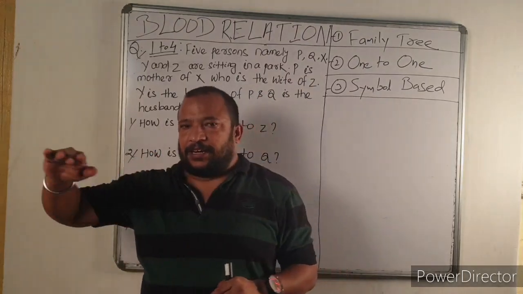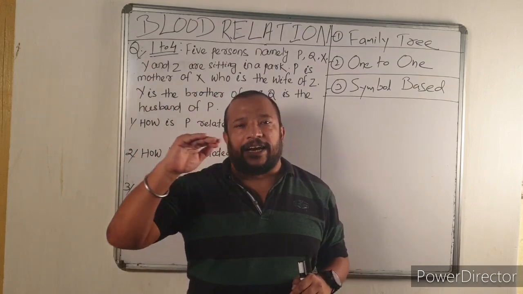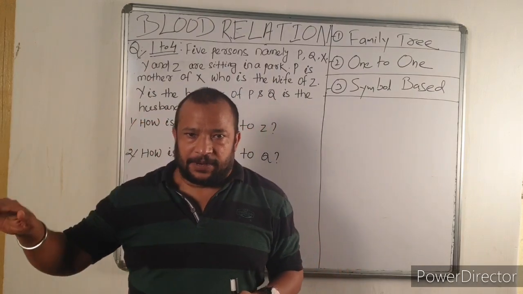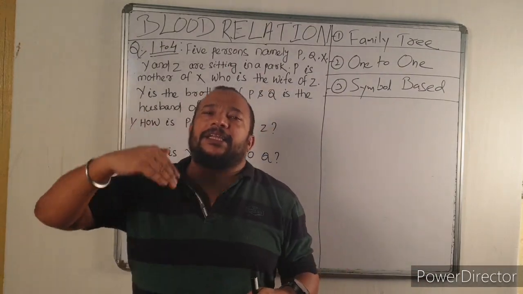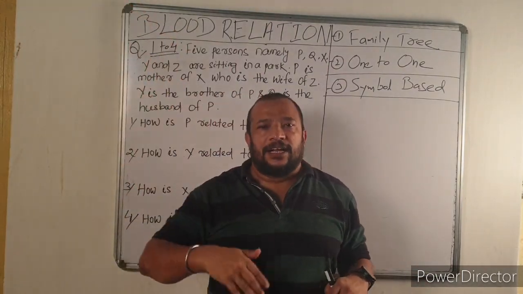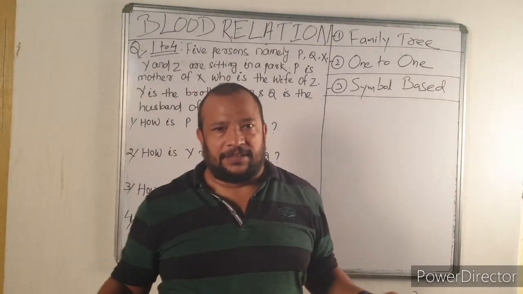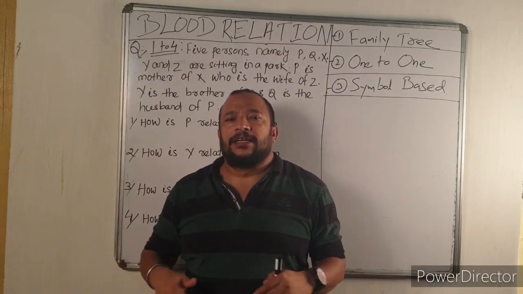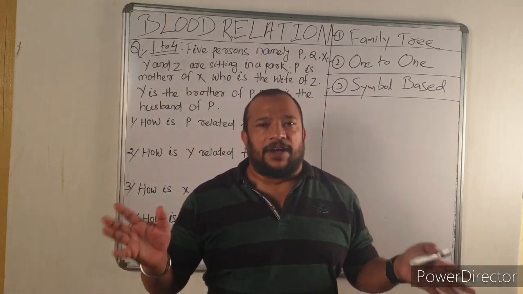This is another generation. Then the third generation is grandfather, grandmother, both paternal and maternal. Then the next generation is great grandfather and great grandmother. So normally there are 4 generations in a family.